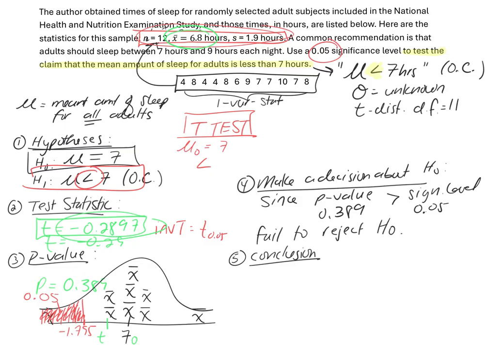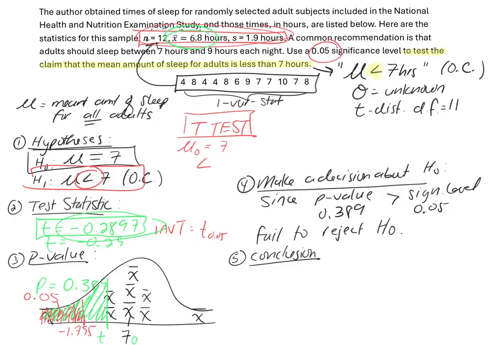It could still be true. Also, visually we can see that our p-value, that 0.389, is an area much greater than that red area of 0.05. So that also confirms our conclusion in step 4.